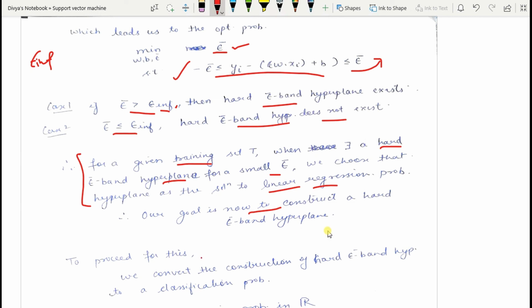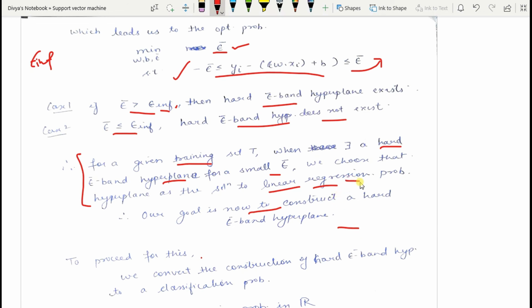To proceed with this, we do not have to solve the linear regression problem directly, because we do not know any method, right? To solve the linear regression problems, we'll transform them into classification problems, and classification problems we already know how to solve from chapter 2, right?